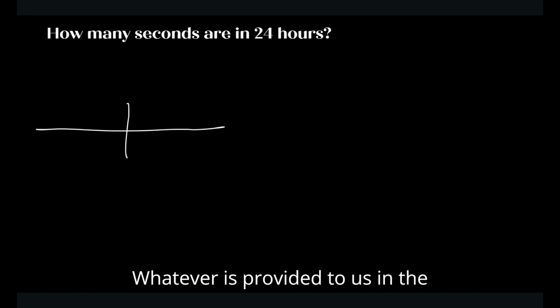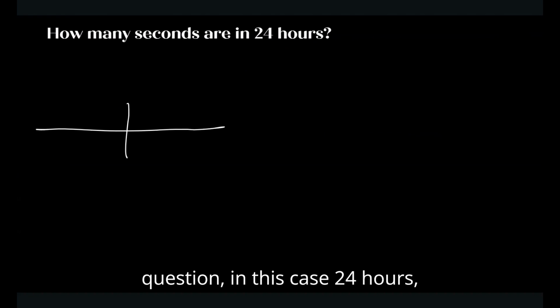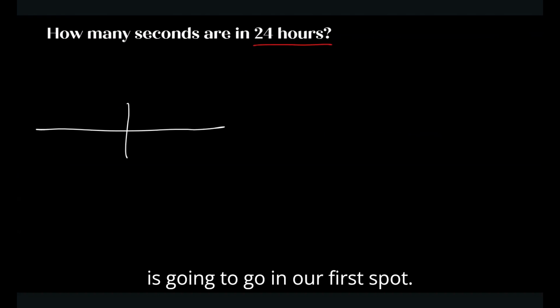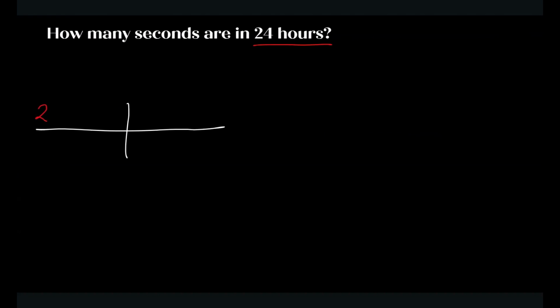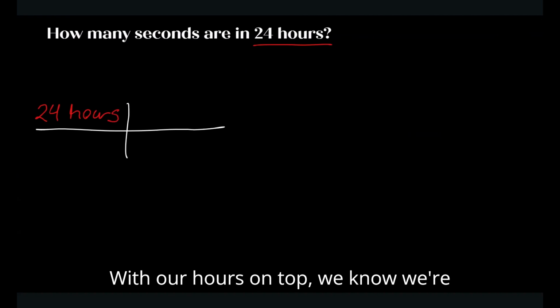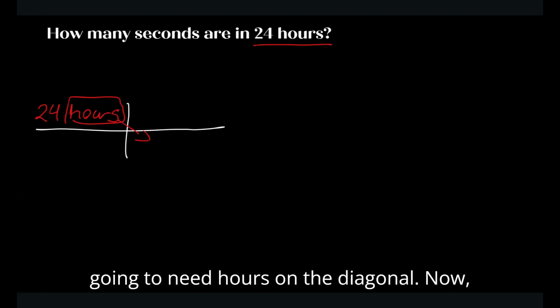In this example, it's asking how many seconds are in 24 hours. We're going to start our setup as normal. Whatever is provided to us in the question, in this case 24 hours, is going to go in our first spot. With our hours on top, we know we're going to need hours on the diagonal.